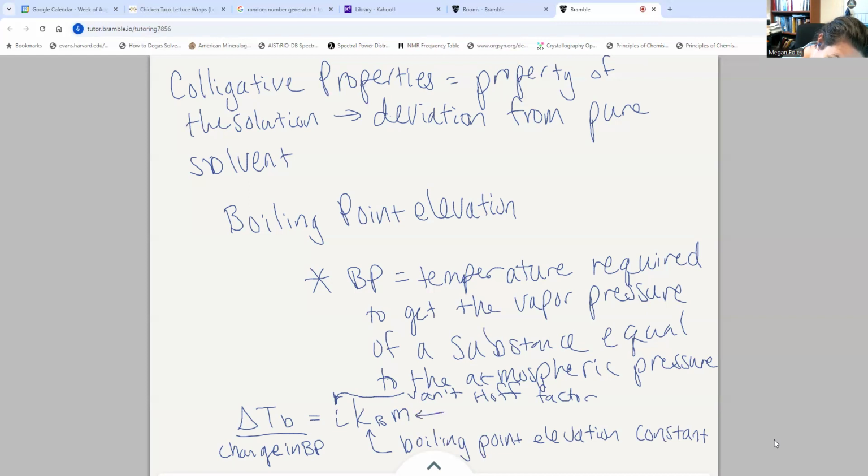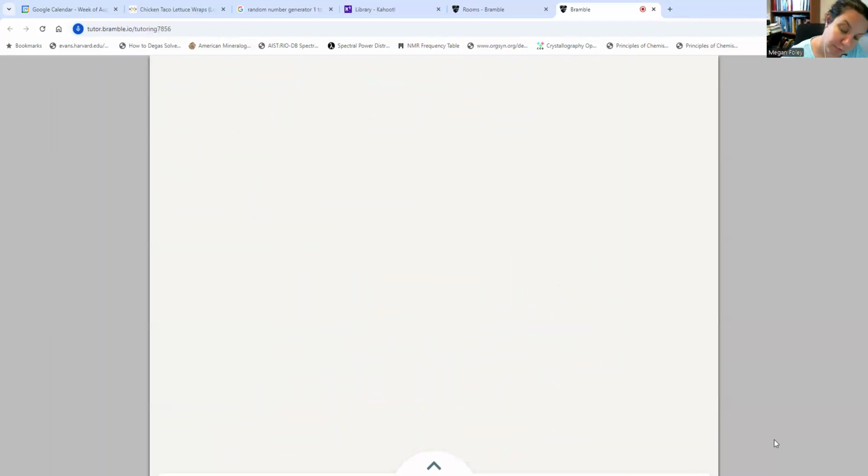And then this little m is molality. So we just learned about molality, and we're going to be using molality here. The Van't Hoff factor, I hope I'm spelling that right.